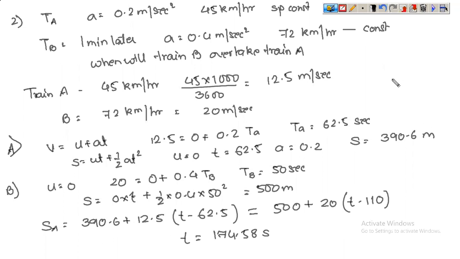Now, there is another type of problem that you may encounter. Let us say that a ball is dropped from a certain height. Let us say that this is the floor and this is the top of some building.